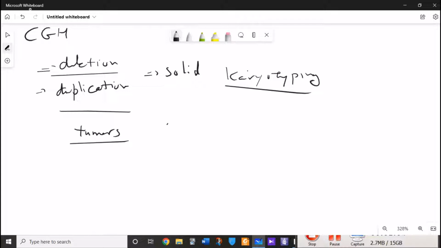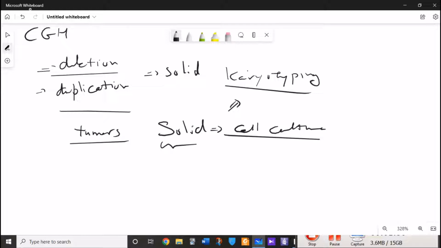But for solid tumors, this technique is not a perfect one, because tumors that originate from solid tissues are not able to reach a good ratio of division in cell culture.